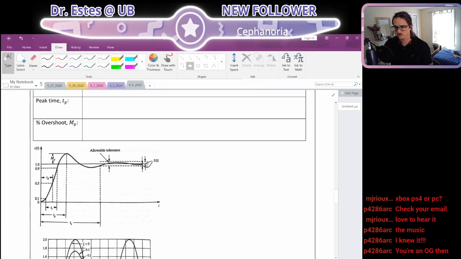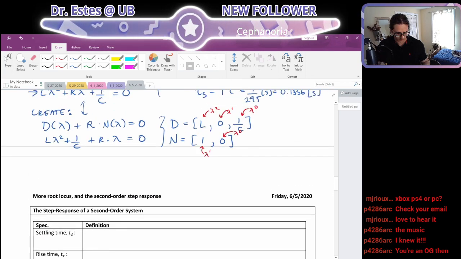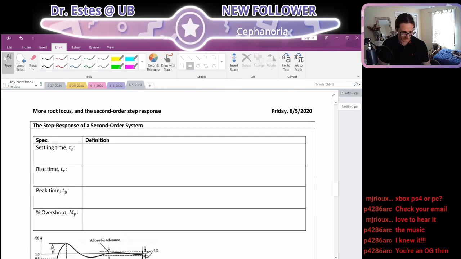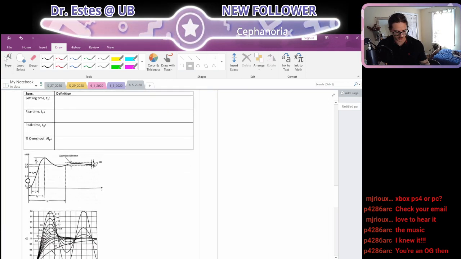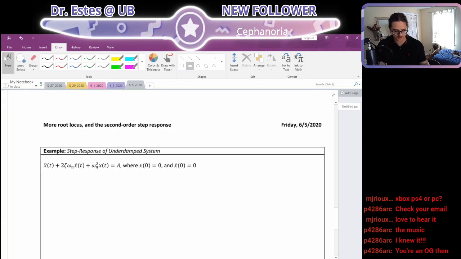Okay, guys. If you're following along with the handout, we're starting to look at the step response of a second order system. But I actually want to skip this page first and go to this page.